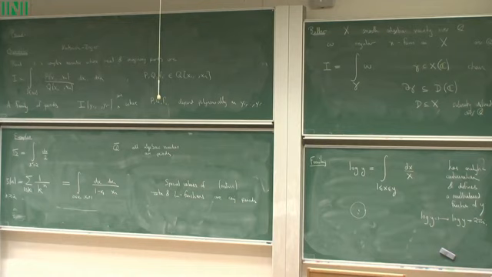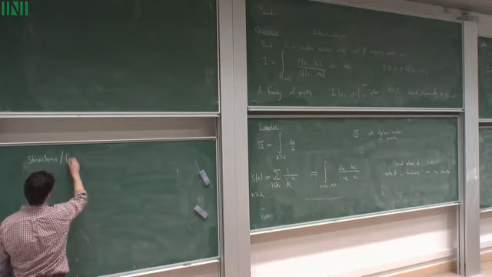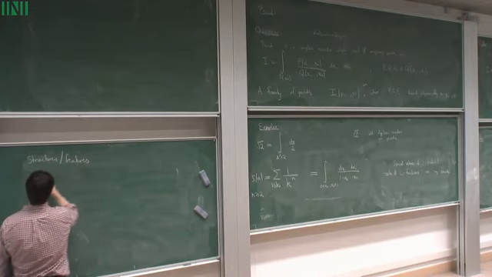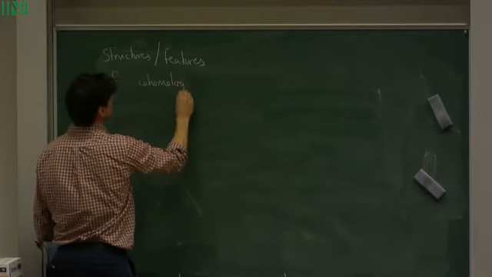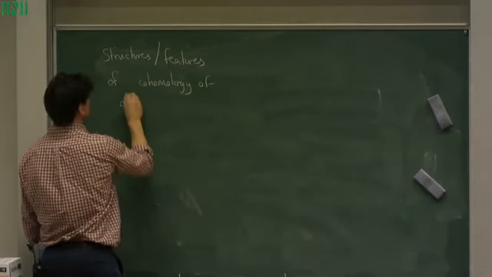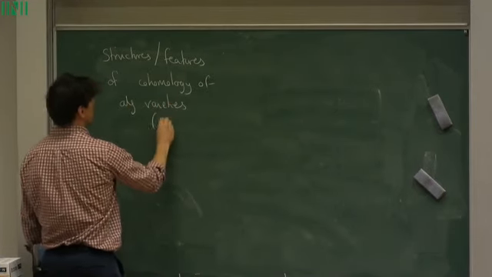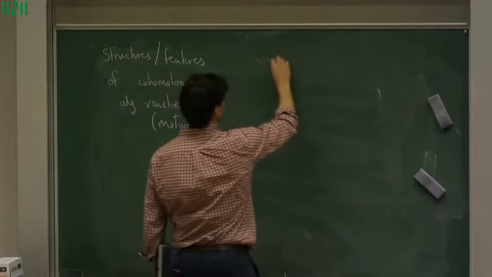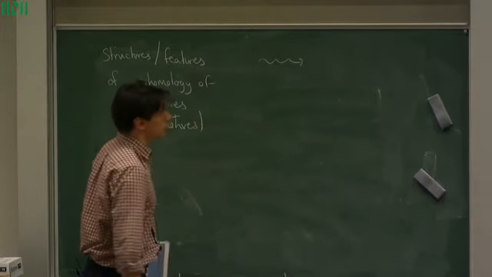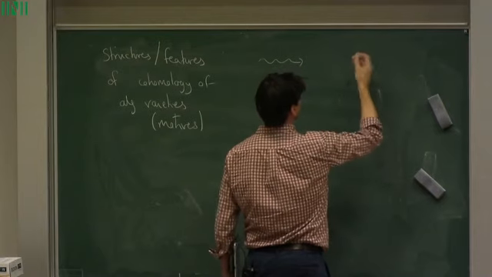Okay, so the point of this is that structures and features of the cohomology of algebraic varieties, aka motives, show up as structures and features of periods. So I don't know, properties of periods.